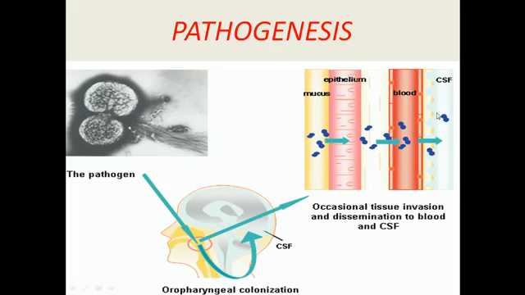For its survival in the CSF, it will take the glucose of the CSF. So glucose concentration will be decreased. And at the same time, in case of tuberculosis, there is leukocytosis, but here it is lymphocytic. But in case of bacterial, it is neutrophilic leukocytosis.